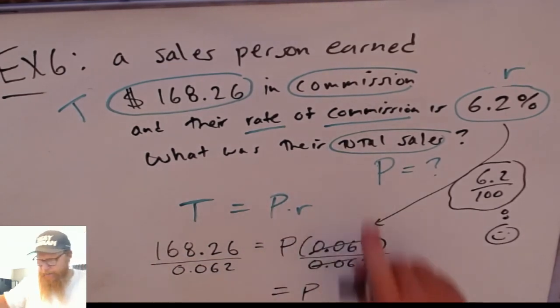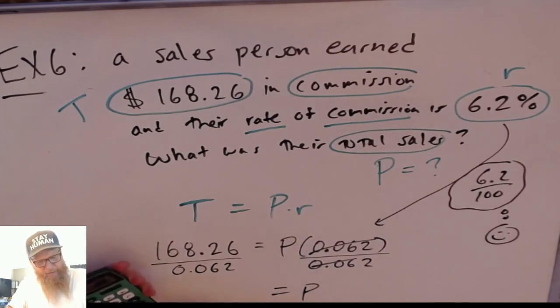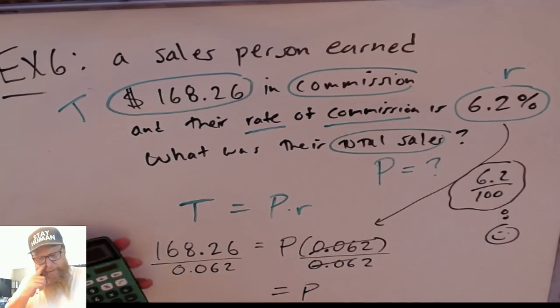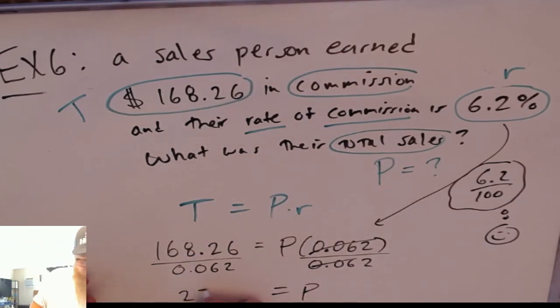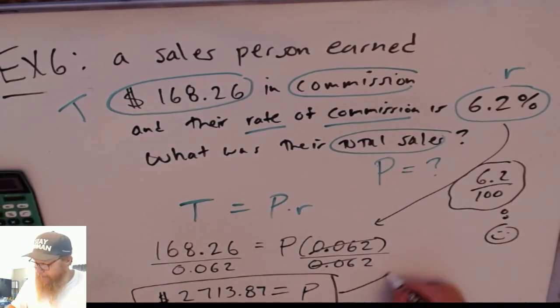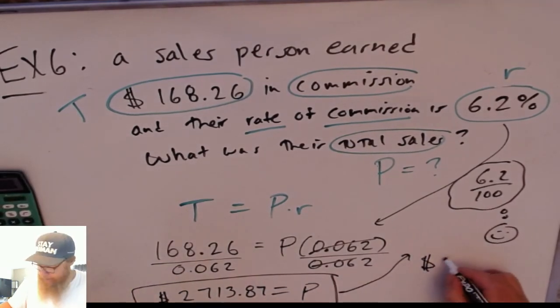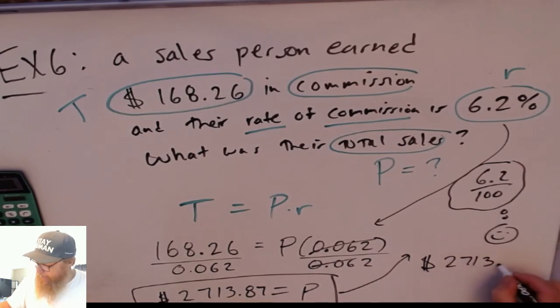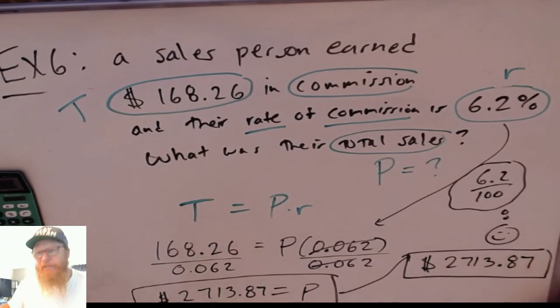And my weekly productivity, or how much I produced this week in sales, rounded to the nearest cent, is $2,713.87. There you go.